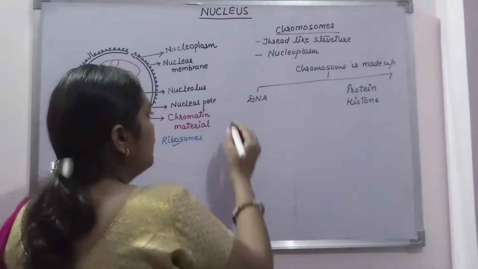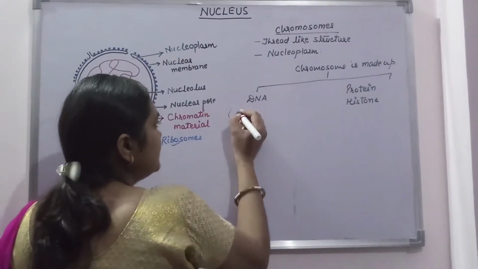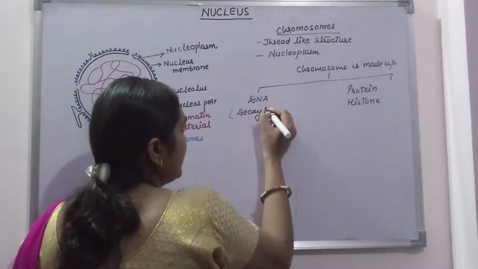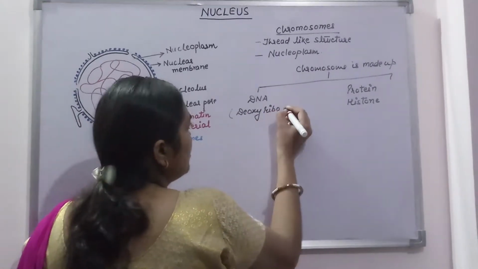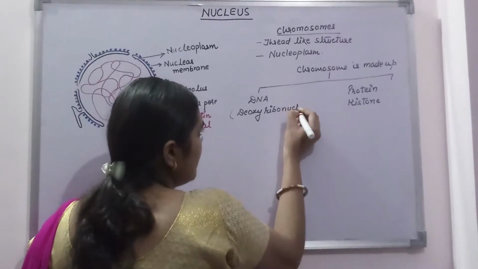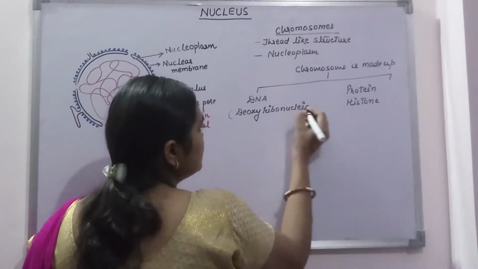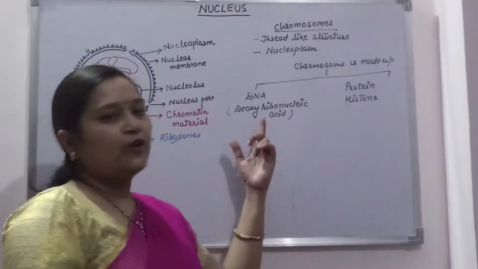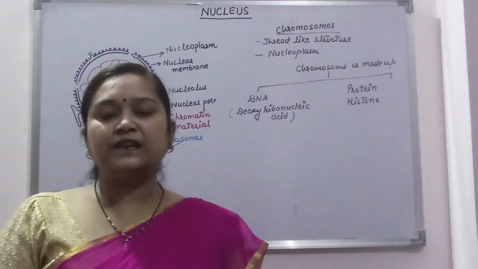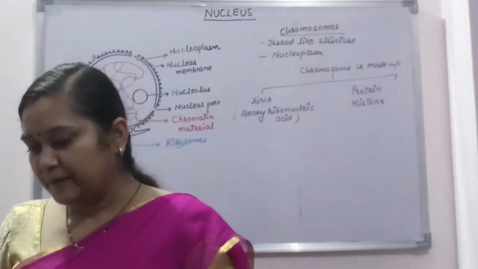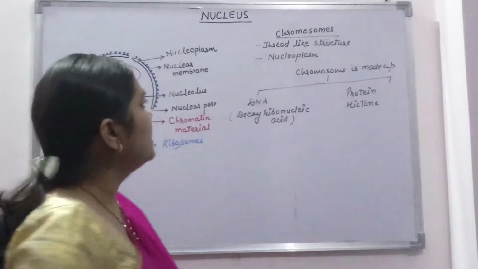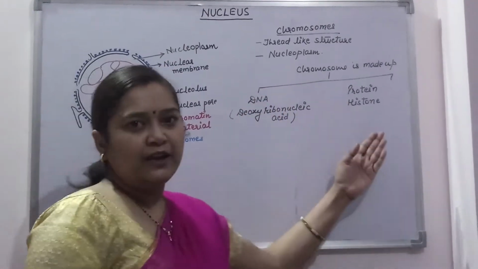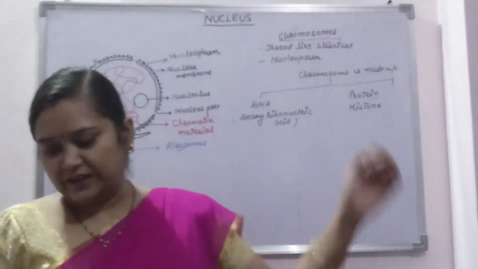The full form of DNA is deoxyribonucleic acid. This you have to remember. Chromosome is made up of DNA and histone protein.